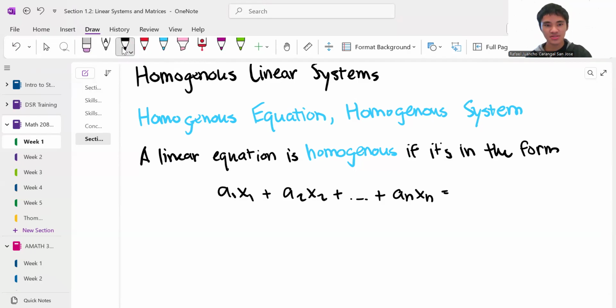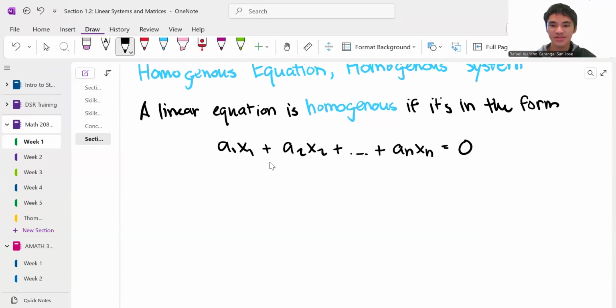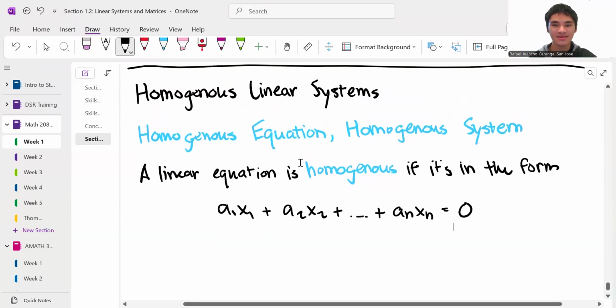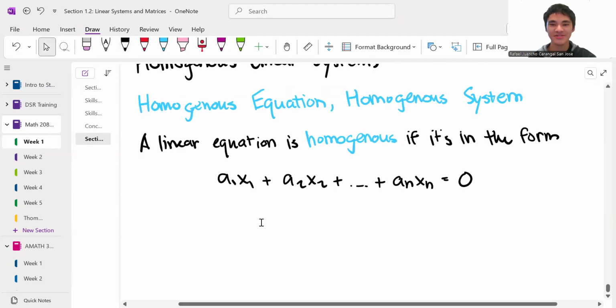Well, we change b to 0. That's it. A linear equation equal to 0. That's what a homogeneous equation is.